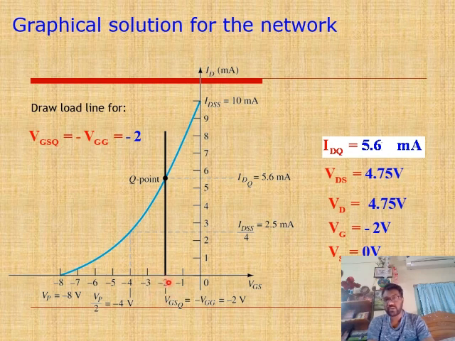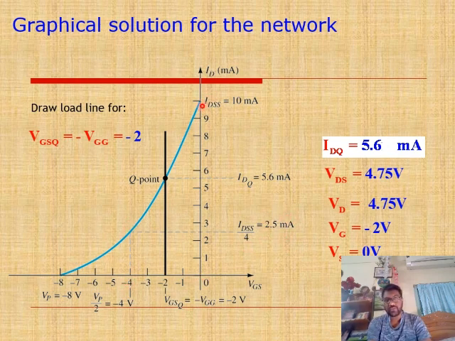When VGS is minus 2, the current ID will be 5.625 milliampere to be exact. That is the Q point. In between, if we take another point, let us say VP by 2, that is minus 4 volt, then ID will be IDSS divided by 4, so 2.5 milliampere.